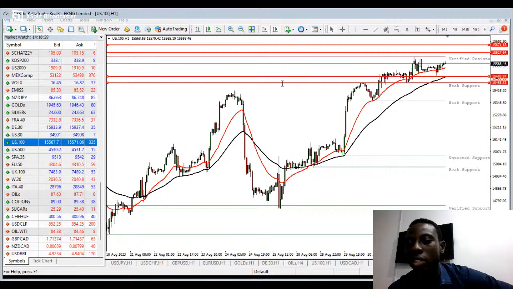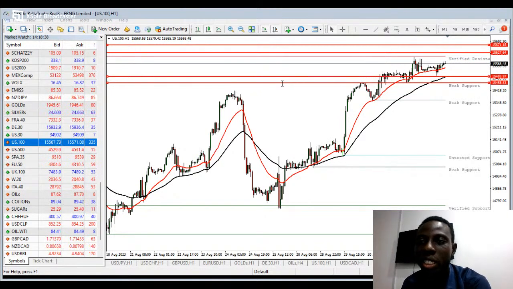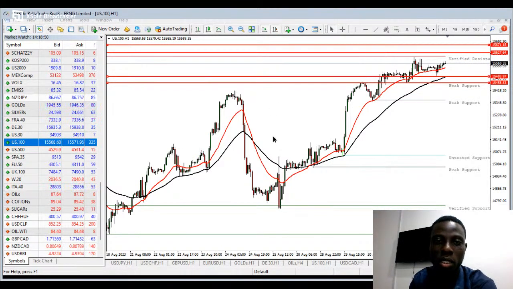I'm looking at buy stop 15627.64, take profit at 15671.18, and my sell stop for US 100 is at 15493.97, take profit at 15458.53. All right, so that's for US 100.